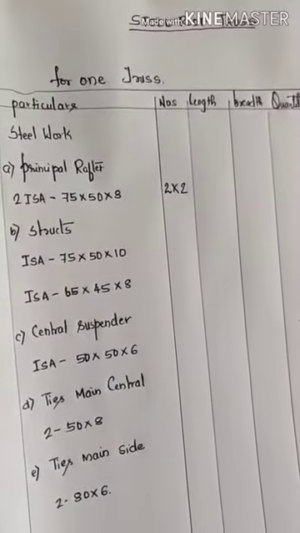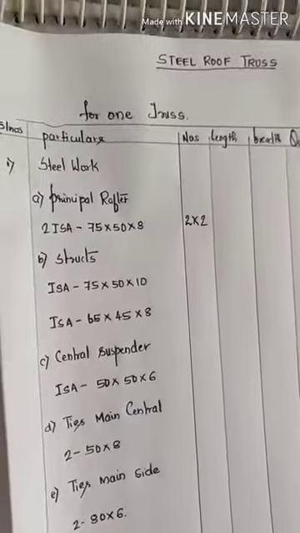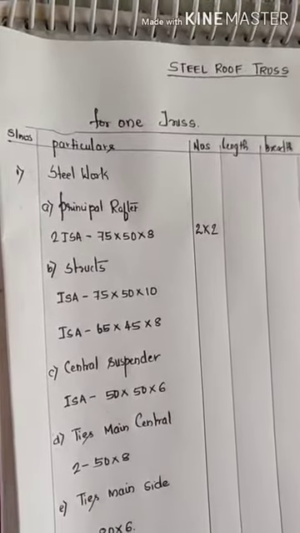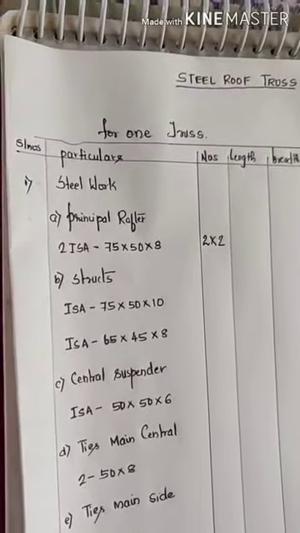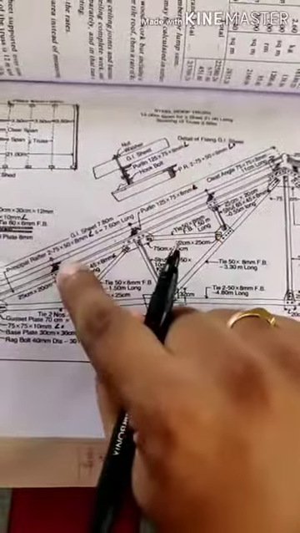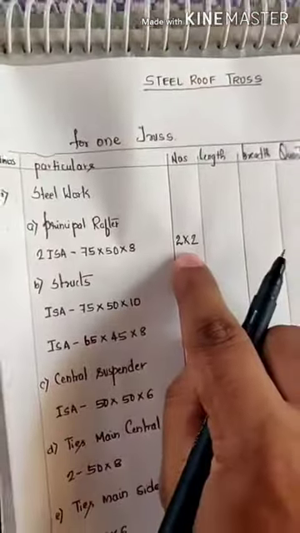So in total how many angles are required for construction of the principal rafter? There are 4 angles required, which means 4 parts: 2 on one side, 2 on the other side, 2 here, 2 here.